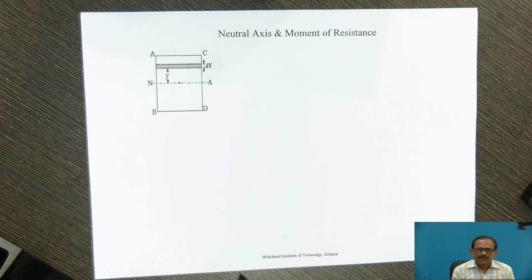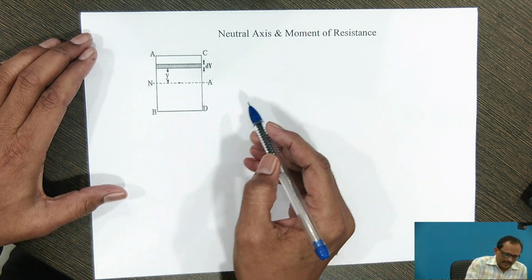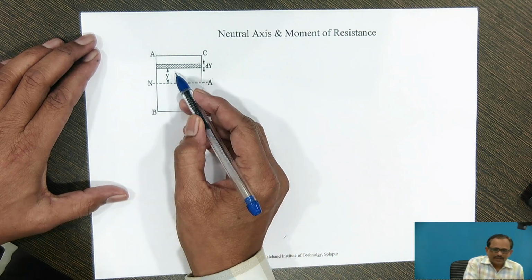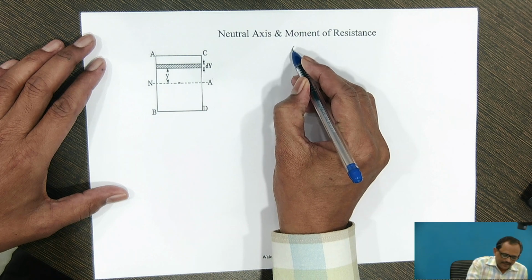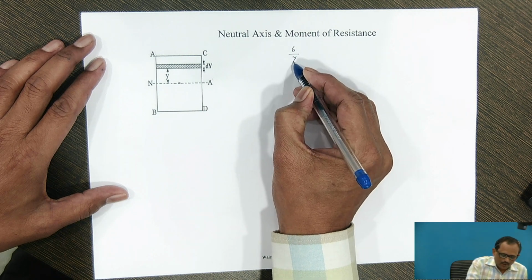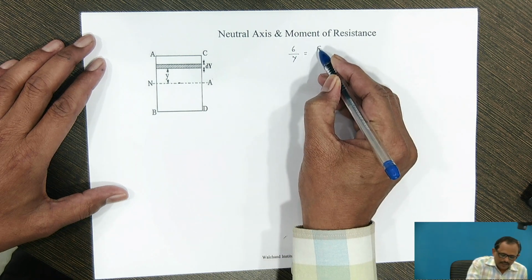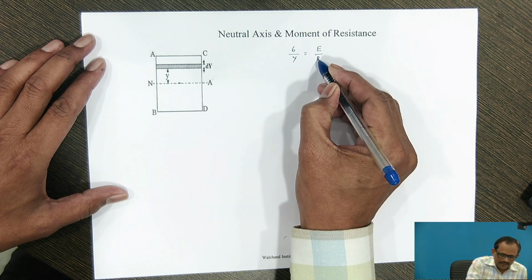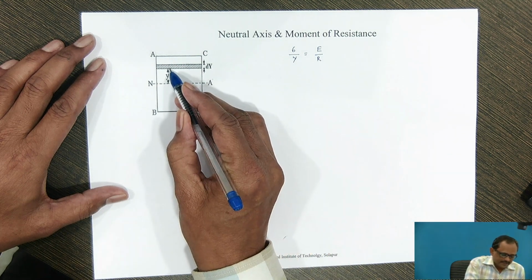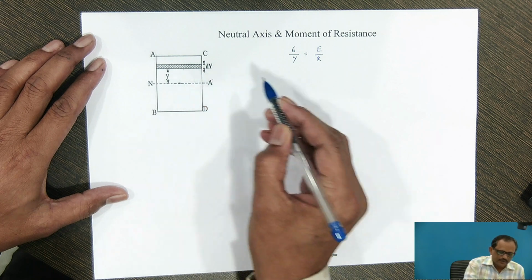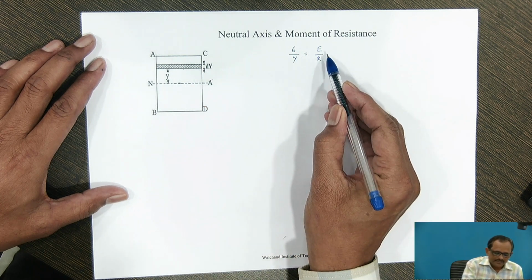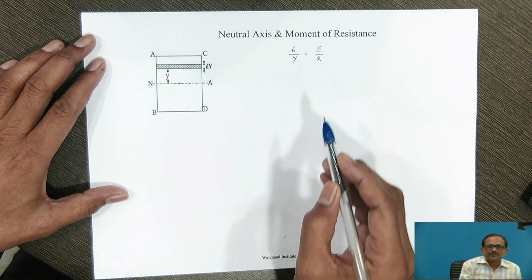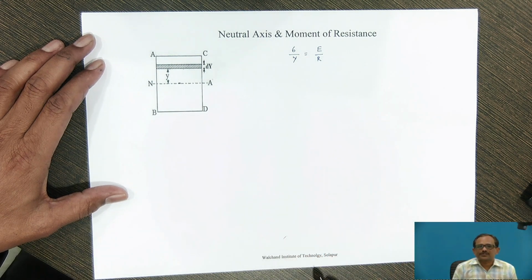Now, as we have discussed, the bending stress at any distance y from the neutral axis is given by the equation sigma upon y is equal to E upon R, where y is the distance of a layer from the neutral axis, sigma is the bending stress, E is Young's modulus, and R is the radius of curvature.